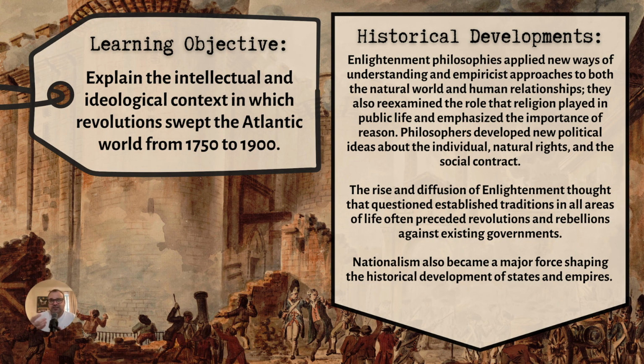So, this spread of this enlightened thought is what is believed to be the predecessor, what comes before revolution. So we'll touch on that as well. And then nationalism becomes a major force shaping the historical development of states and empires.